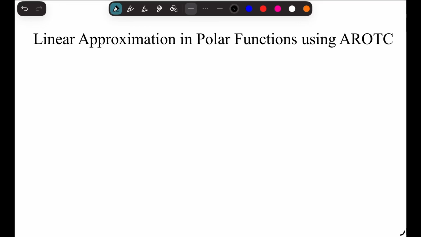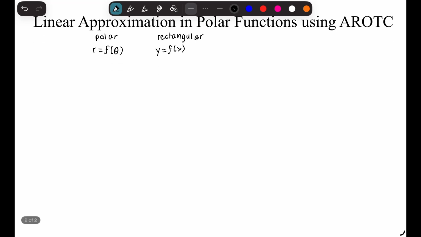In this video, we're going to be covering linear approximation and polar functions using average rate of change. Everything about this topic comes from the idea that r equals f of theta is exactly like your rectangular function y equals f of x. So what is a polar function?